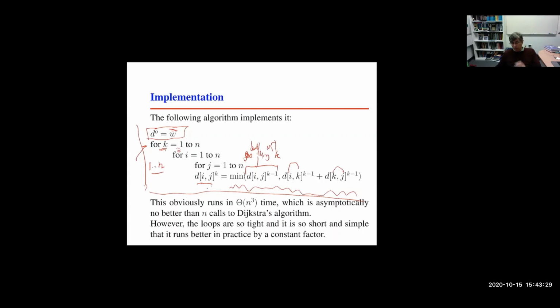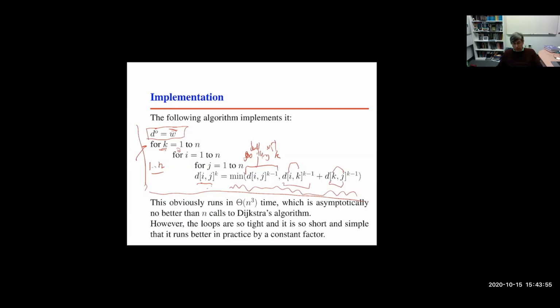We know because we already computed it. The shortest path from i to k using 1 through k minus 1 as intermediaries. We know the shortest path from k to j using 1 to k minus 1 as intermediaries.